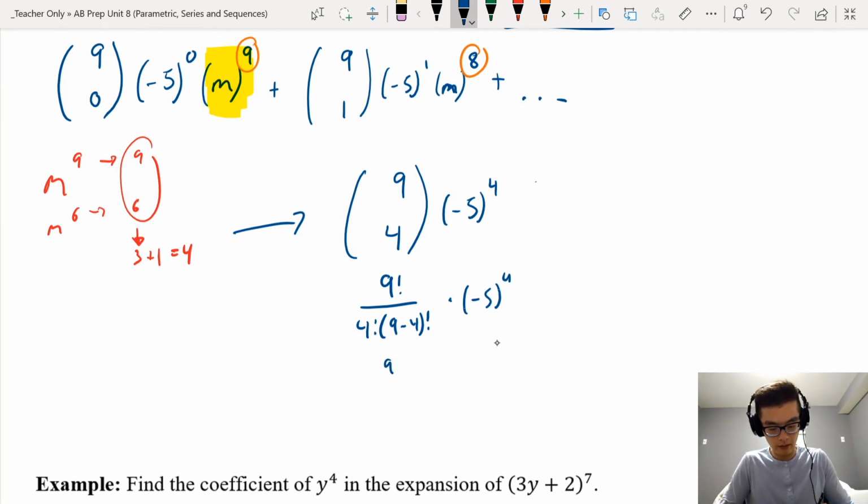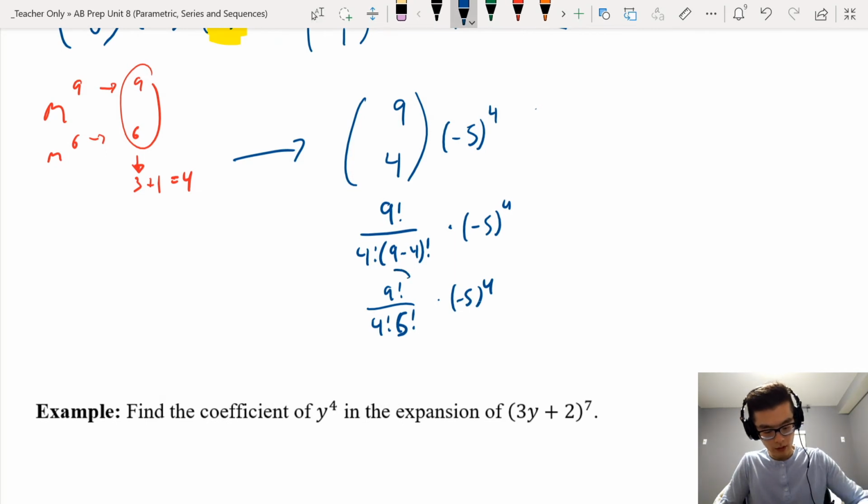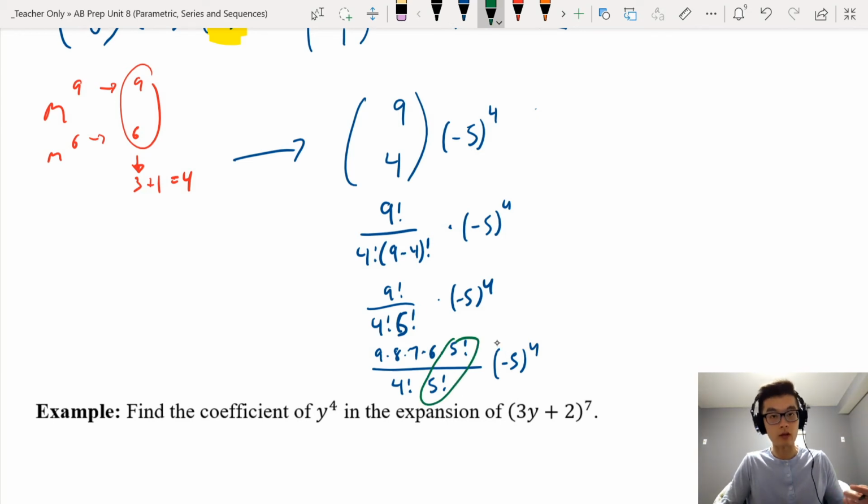We can do 9 factorial over 4 factorial, 5 factorial, times negative 5 to the 4th. What we can focus on is this 9 factorial and 5 factorial. If we were to almost distribute it out as if we said 9 times 8 times 7 times 6 times 5 factorial over the 4 factorial, 5 factorial, we'll notice that the 5 factorial will cancel out. That's a little trick we can use there, and then we continue on with the rest of the problem.